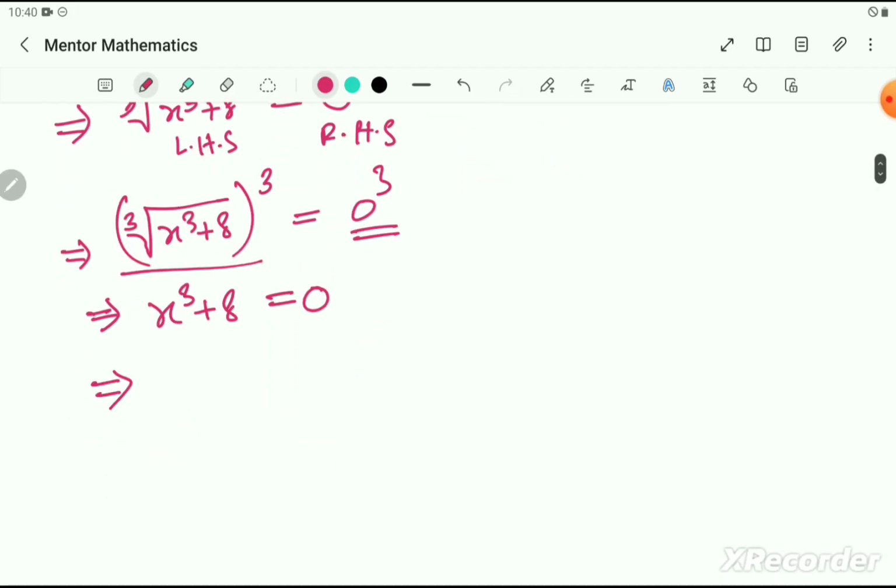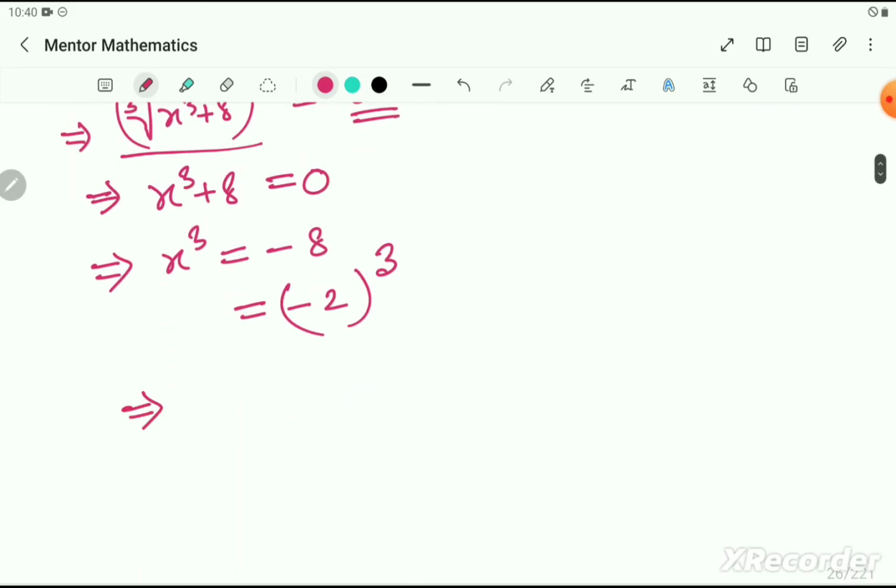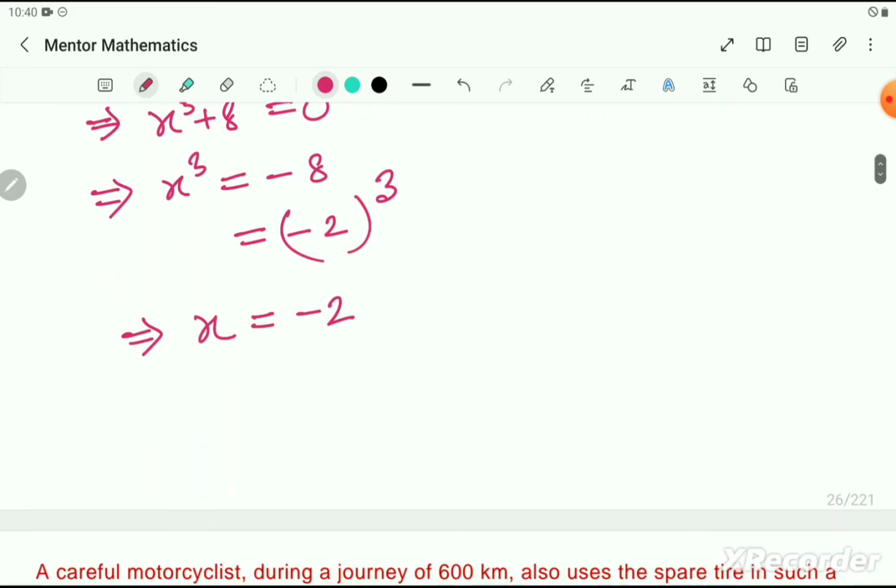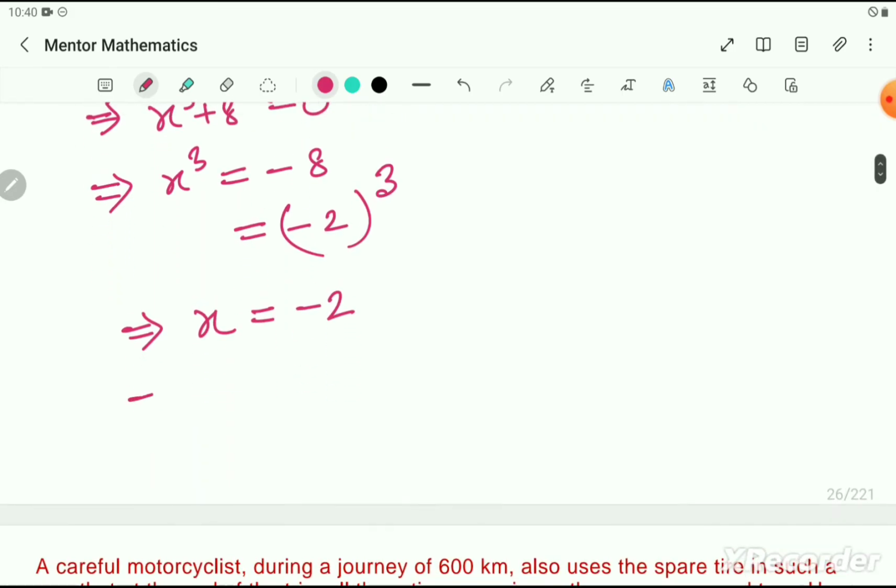Therefore it can be written that x cube equals negative 8. So negative 8 means minus 2 power 3. Then we can write x equals minus 2. Now it's time to put the inequality sign.